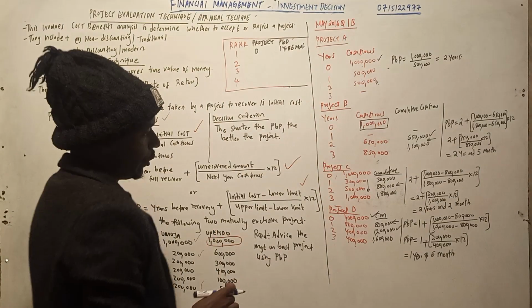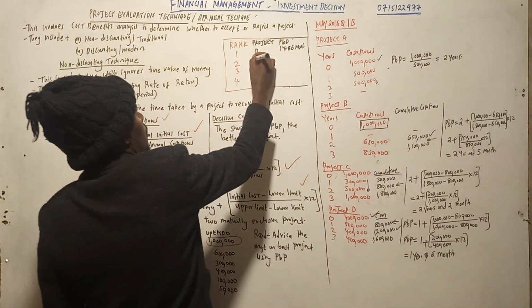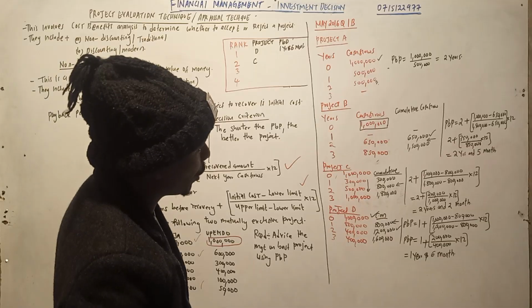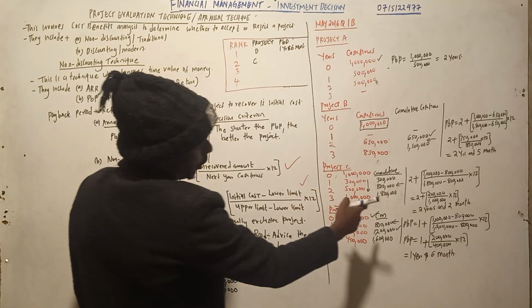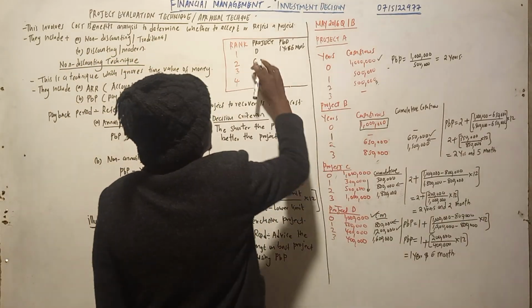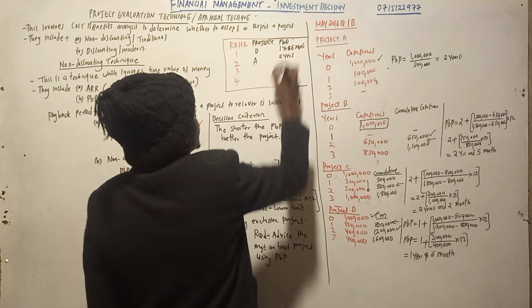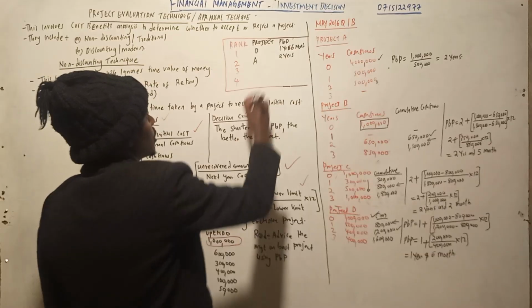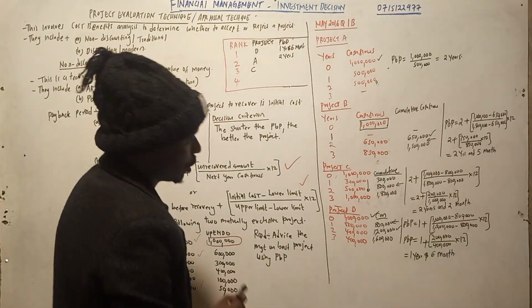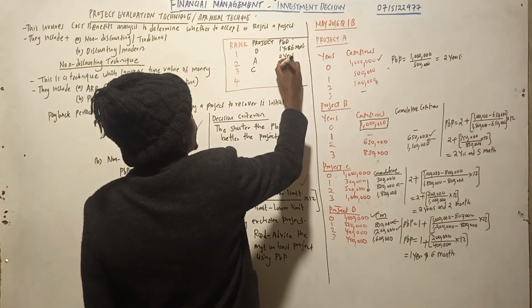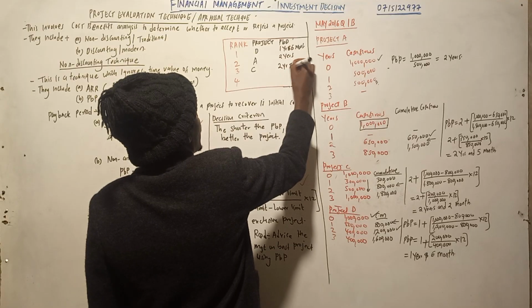The next best project is project A, because it takes 2 years. Then after that, the next best project is project C, because it takes 2 years and 2 months.